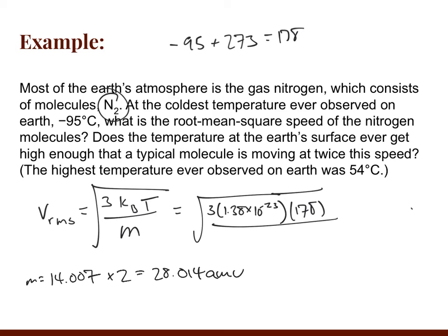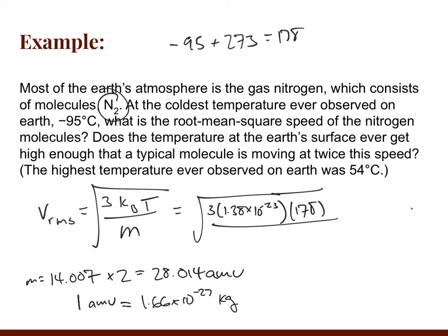So you're going to need to convert that to kilograms, the SI unit. And the conversion is that 1 AMU, which is also abbreviated as a u on your AP physics sheet, equals 1.66 times 10 to the negative 27th kilograms.